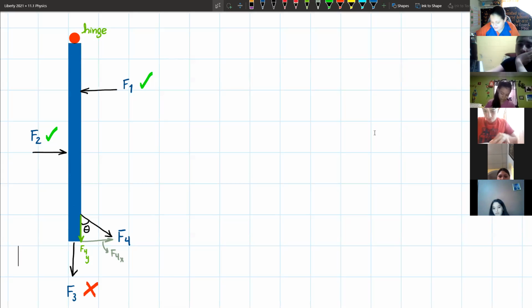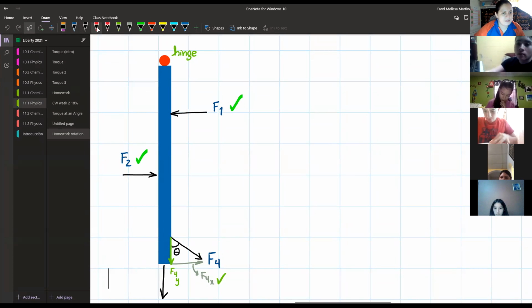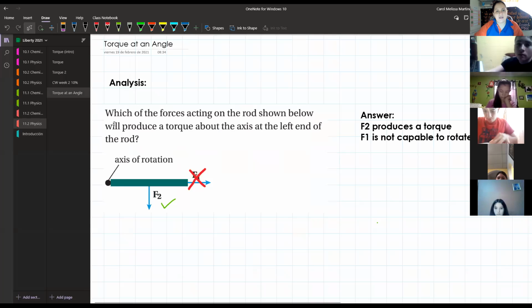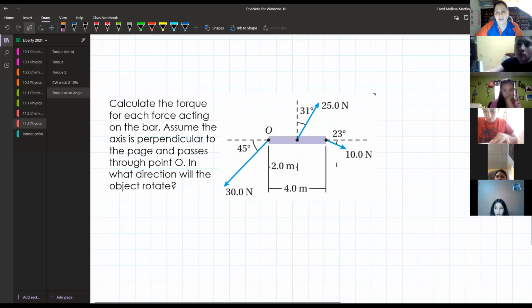So that is the kind of analysis that you are going to be doing for this type of exercises. Now, this is going to be part of the homework for you to get ready with the components and vectors, okay? But now I will explain to you one exercise that has angles.